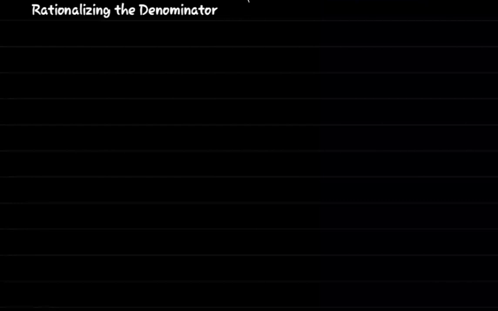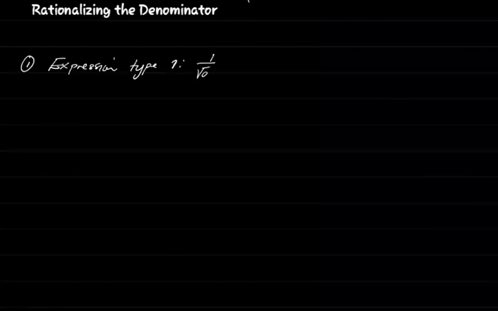Now, to rationalize the denominator, we have two expressions. The first expression, expression type 1, is of the form 1 over root of a. When you have this type of expression, you multiply the numerator and the denominator by root of a.